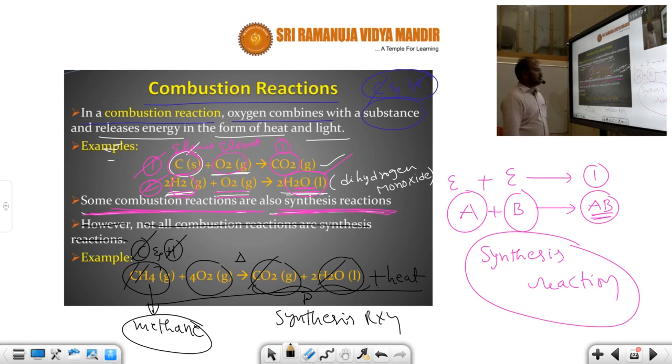That's why not all combustion reactions are synthesis reactions. Very few combustion reactions are synthesis reactions. So methane reacts with oxygen to form its corresponding oxides, carbon dioxide and water, and releases a certain amount of heat energy.